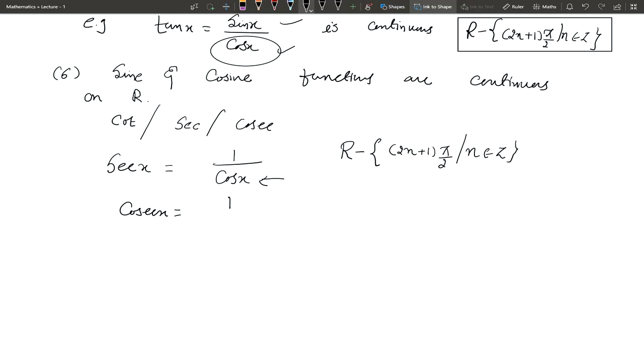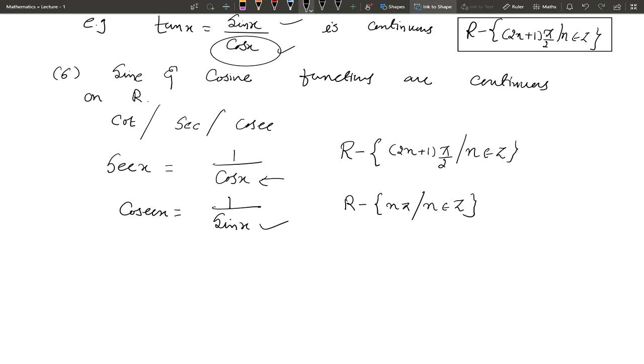So cosec x means 1 upon sin x. So this cosec x is continuous where again we have to remove zeros of the denominator function sin x. So zeros of sin are n pi. So R minus n pi, where n belongs to Z.